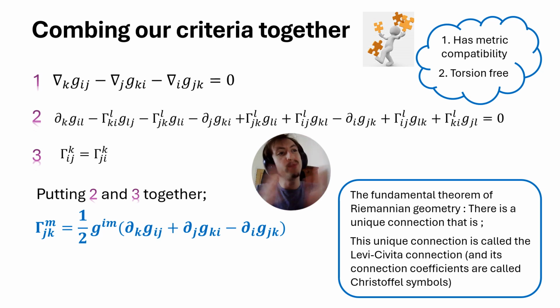The reason we sometimes use the word Christoffel symbol is because when our connection coefficients are expressed in terms of our metric, as we have in the blue equation, we say our connection coefficients are Christoffel symbols. So in the case where you express connection coefficients in terms of the metric, they are just called Christoffel symbols. And the fundamental theorem of Riemannian geometry says we have found a unique equation for these Christoffel symbols.